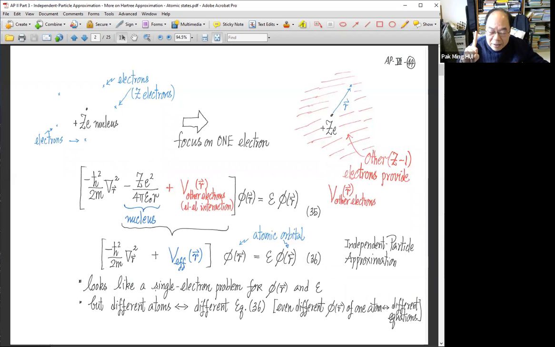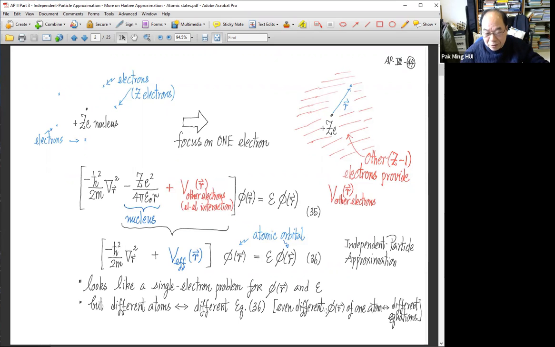Another thing is that for a different atom, you have different problems, because this effective potential will be different for different atoms, right? Okay, so there is nothing like one size fits all. Every atom is a different quantum mechanical atom. You have to start from the very beginning.